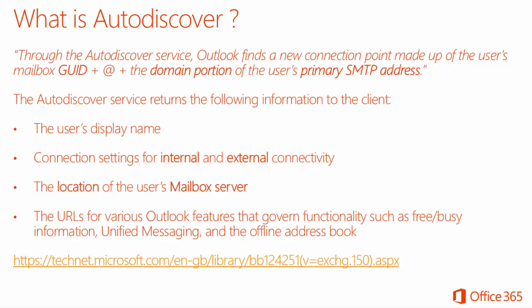Autodiscover through this process is also returning the user display name, the connection settings, both internal and external in an on-premise scenario, the location of the user mailbox, and the URLs for various Outlook features like free/busy, unified messaging, and other stuff.